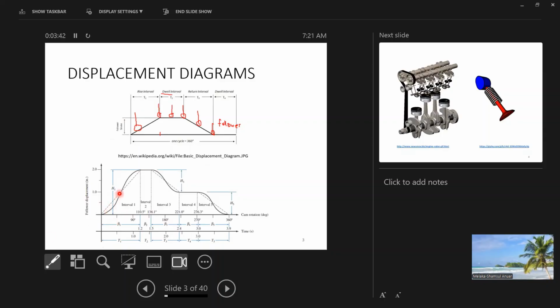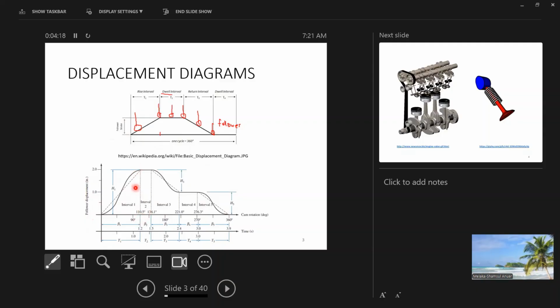So all this displacement is based on a certain base circle radius. Even if you plot this starting from 0 in terms of y, that 0 is from the surface, or the perimeter, of a circle.